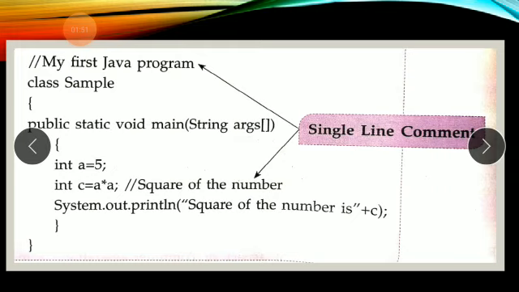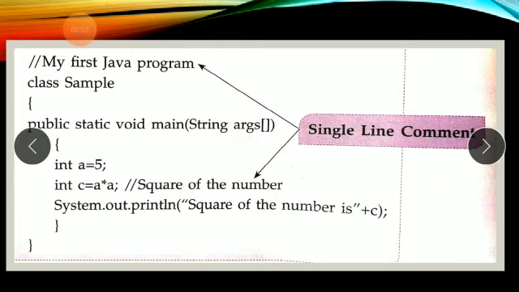Actually, all these comments are non-executable statements. They will not execute in your program. They will help other programmers who see our programs to understand what the program is about.